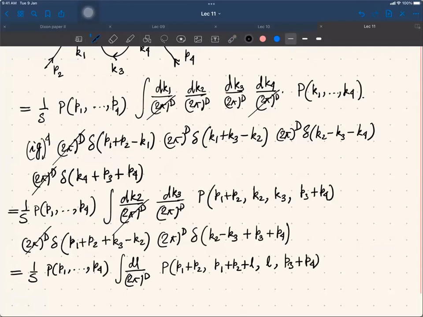And this delta function is gone, so (2π)^d. If you write the same form of K2 here, P1 plus P2 plus K3, that will cancel minus K3, and therefore it is independent of internal momenta. And what you have is delta P1 to P4.